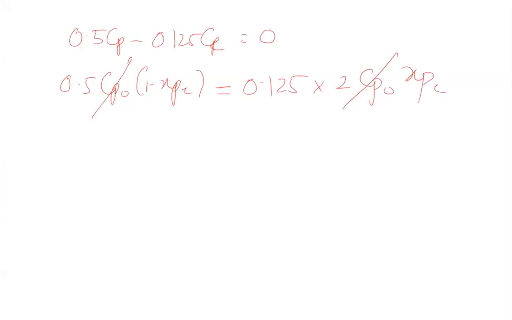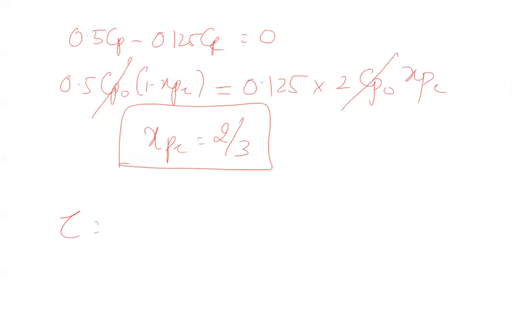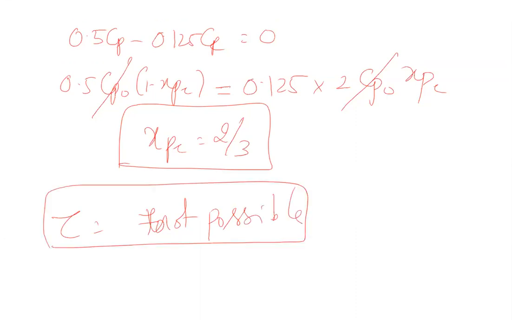Cp naught will cancel. XPE is 2 by 3. Then what is the answer for 70% conversion? Tau is not possible. If you don't put this 2, then you will get the wrong answers, because your equilibrium itself is 66.7%, no?